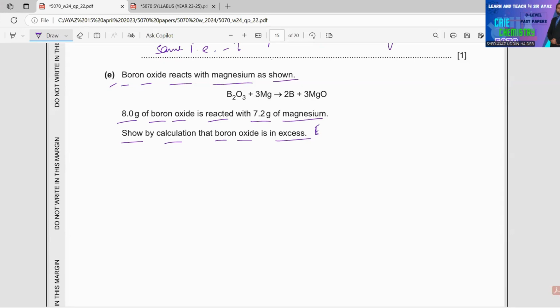So I am going to write here either convert gram into moles, or use the mass given.